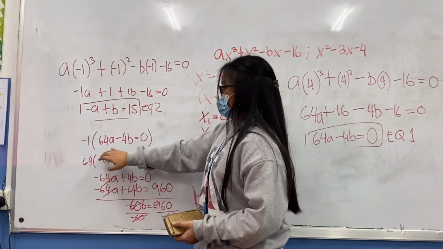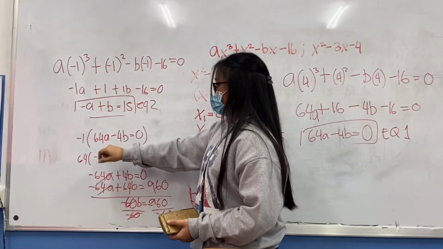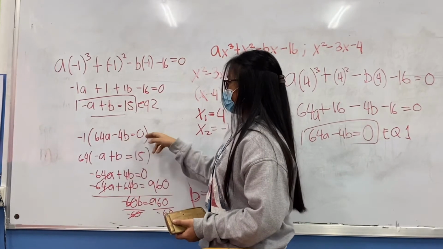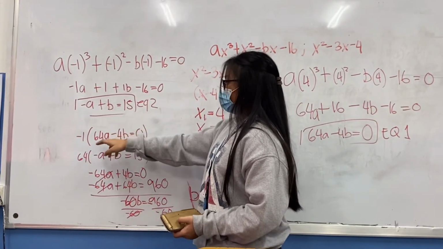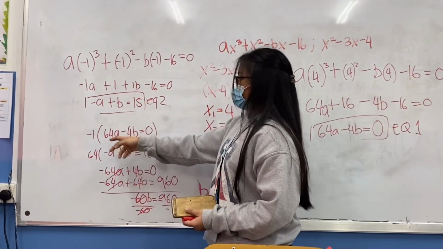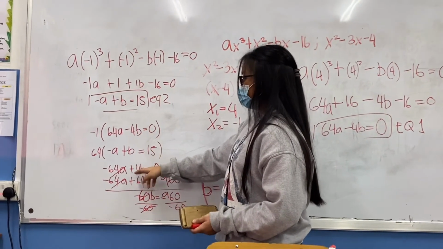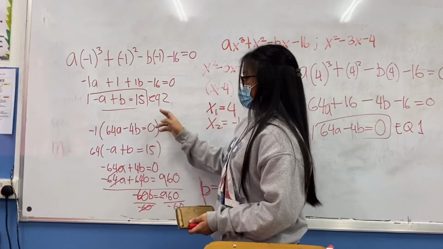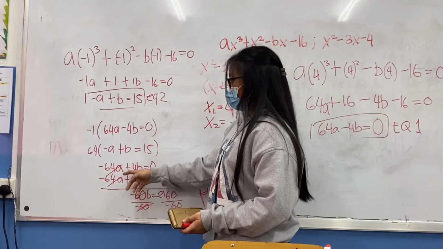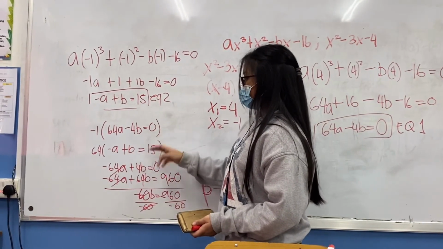So equation 1 you multiply by negative 1, which gives negative 64a plus 4b equals 0. Then equation 2 you multiply by 64: 64 times negative a is negative 64a, plus 64b.